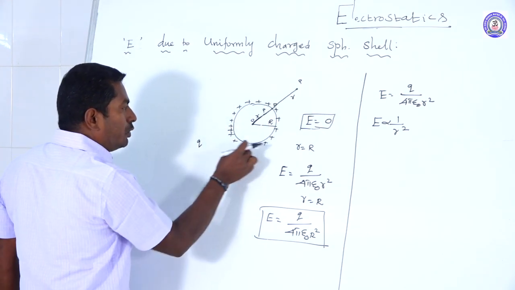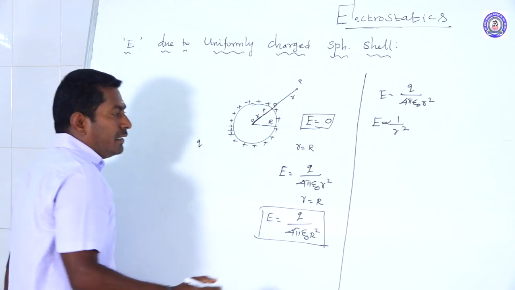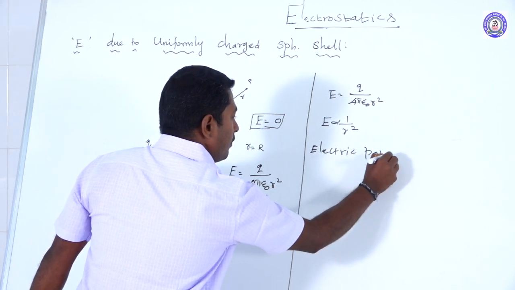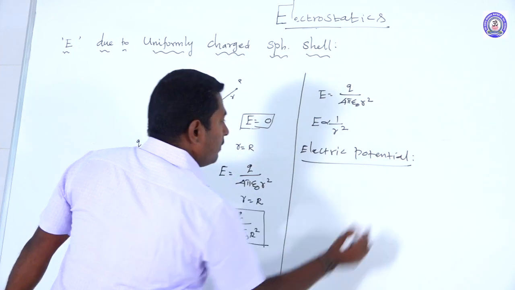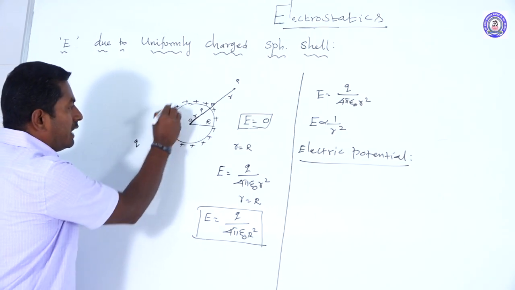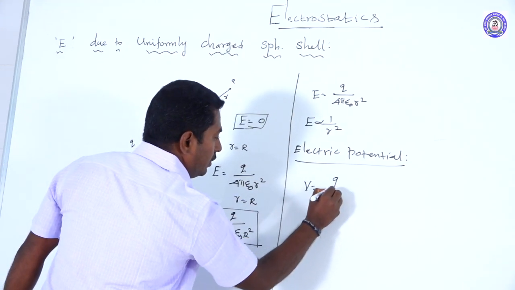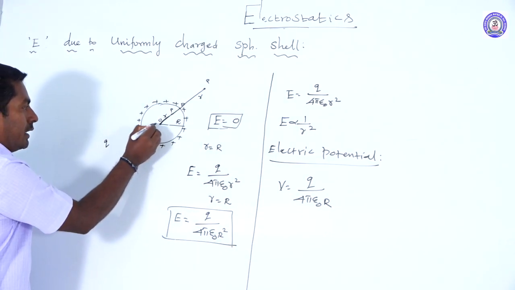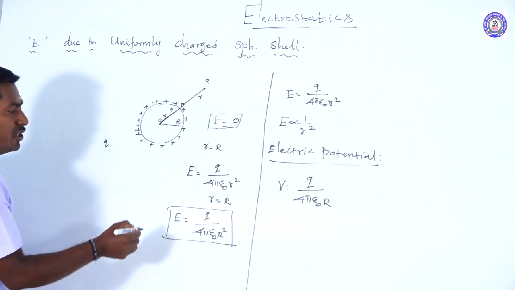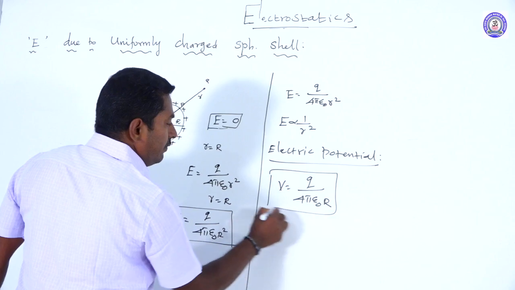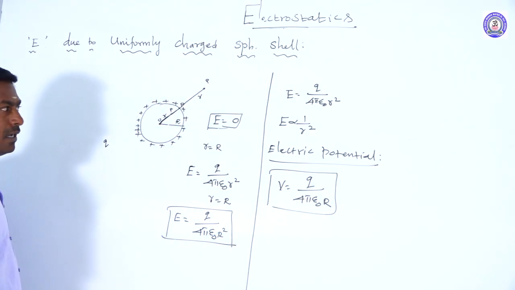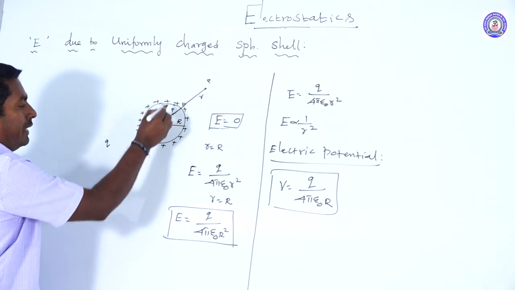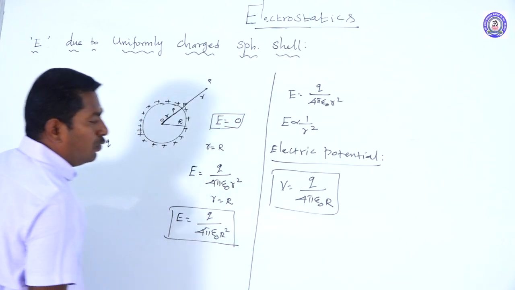Electric potential due to the uniformly charged spherical shell at its center, V is equal to Q divided by 4 pi epsilon naught R. Not only at the center, at any point inside the shell, electric potential V is equal to Q divided by 4 pi epsilon naught R. Then electric potential at a point on the surface also, V is equal to Q divided by 4 pi epsilon naught R.